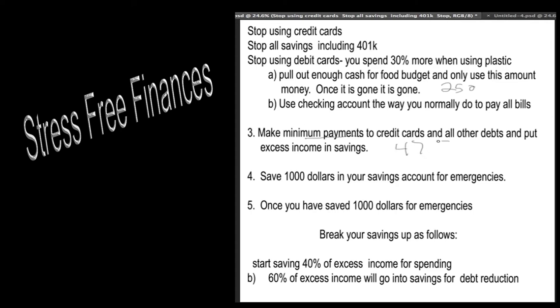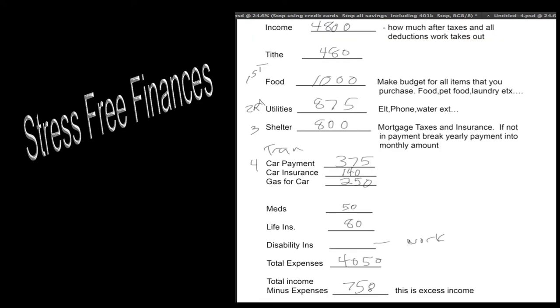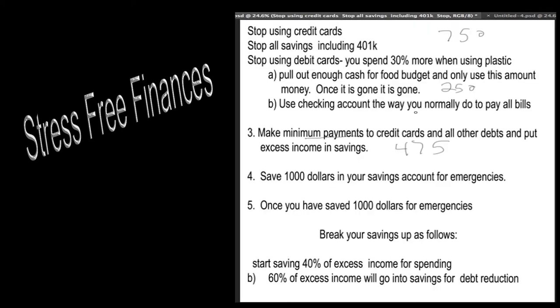We have $475. Now when we look at this, our excess income was $750 from the first page. That's just your $4,800 minus your expenses. So we have $750. Now we've taken out $475 for the minimum payments, because your minimum payments to your debts is the first thing we pay out of excess.